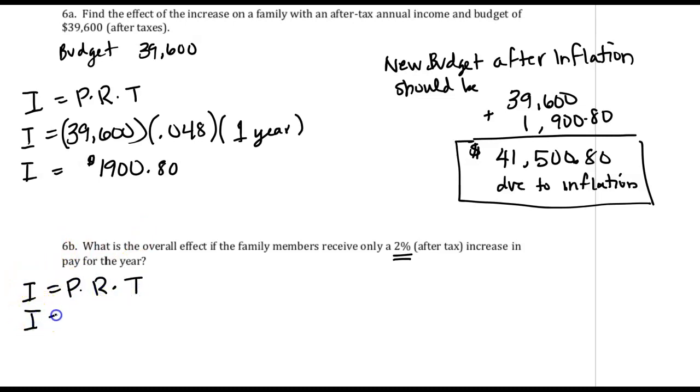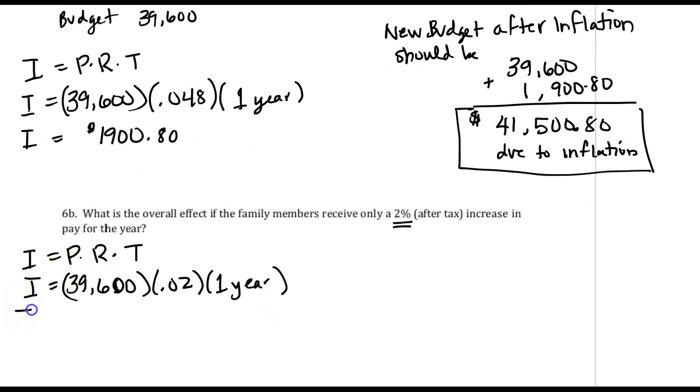But this time we're working on it with just the rate, and this is the salary increase. So they got a raise of 2%, which a raise of any kind is great. So I'm going to find the interest, including the raise, is $792.